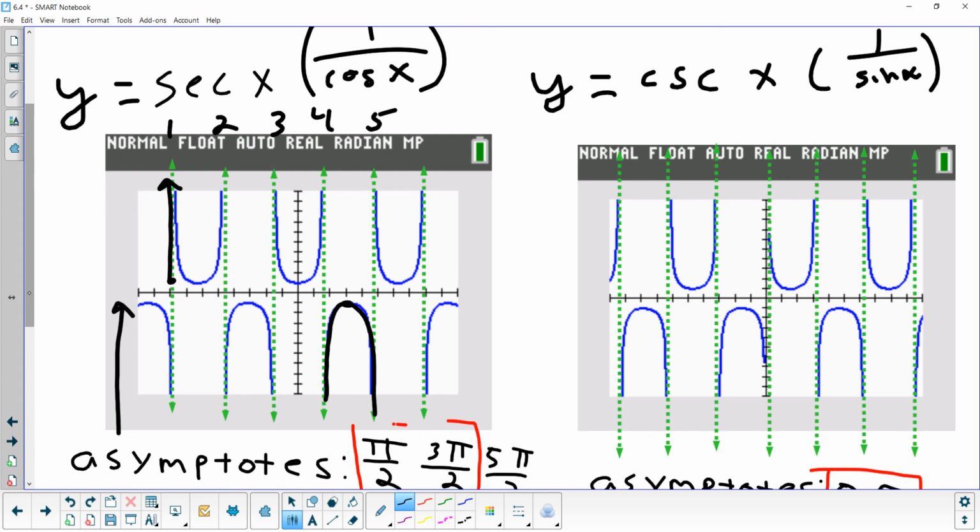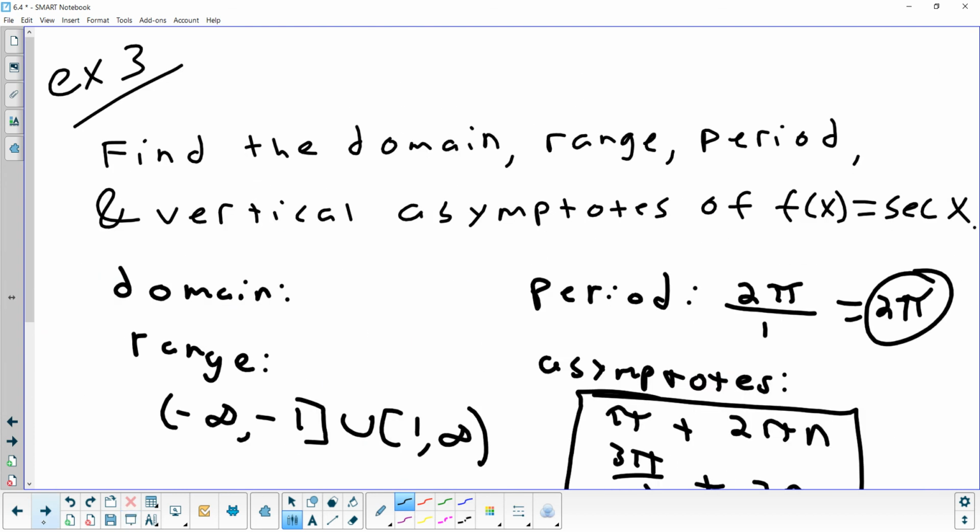If I put a vertical line and drag it left to right, would it miss spots anywhere? You think, Ashley? Yes, it would miss all the asymptotes. So the domain is everything except the asymptotes.